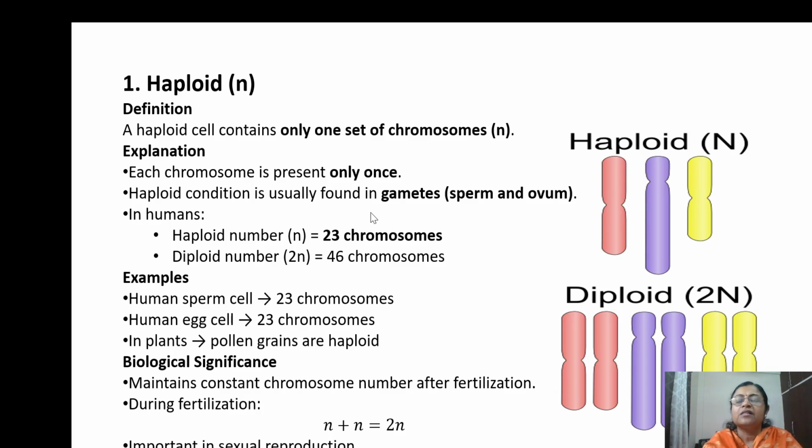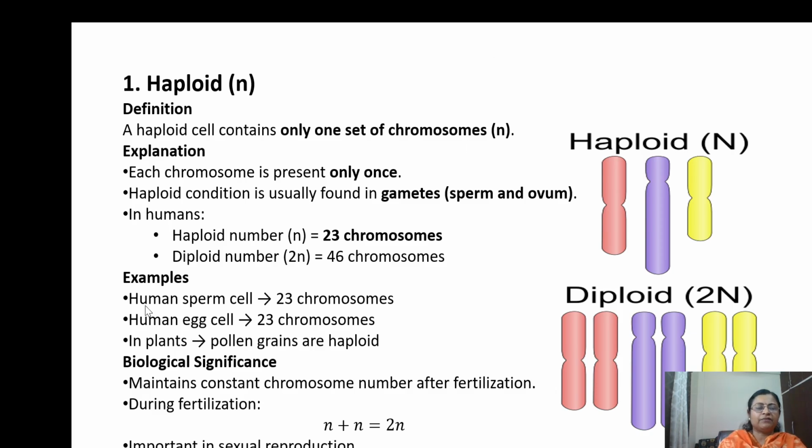You know that sperms and ovum are the gametes. So in humans, the haploid number of chromosomes is 23, whereas the diploid number, which is shown as 2n, is 46 chromosomes.